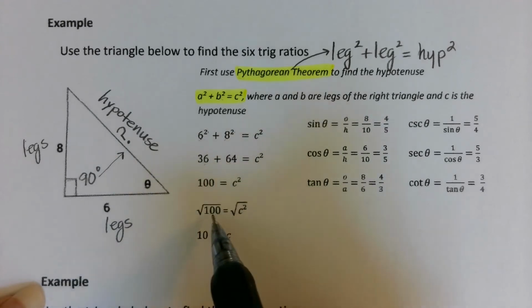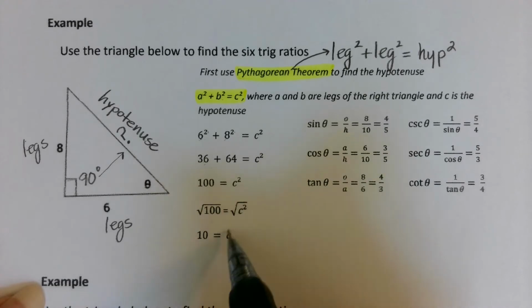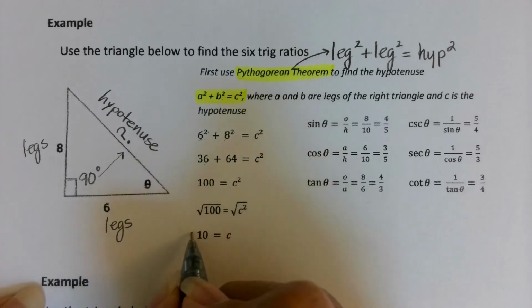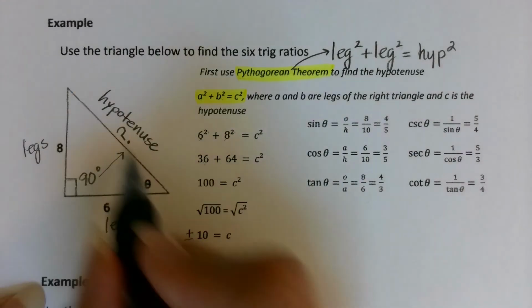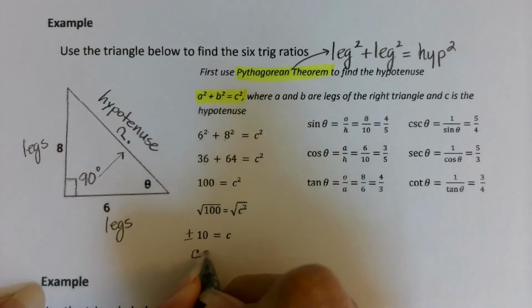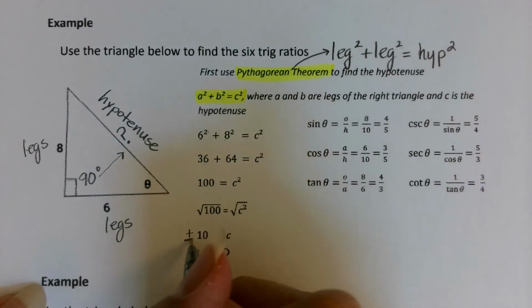And then we square root both sides to get rid of our square, and we get a 10. Now notice that when you square root both sides, our actual answer should have been plus minus 10, but since we are talking about length, our actual answer will only be a positive 10 because we're using distance, okay? So the negative value is negligible.